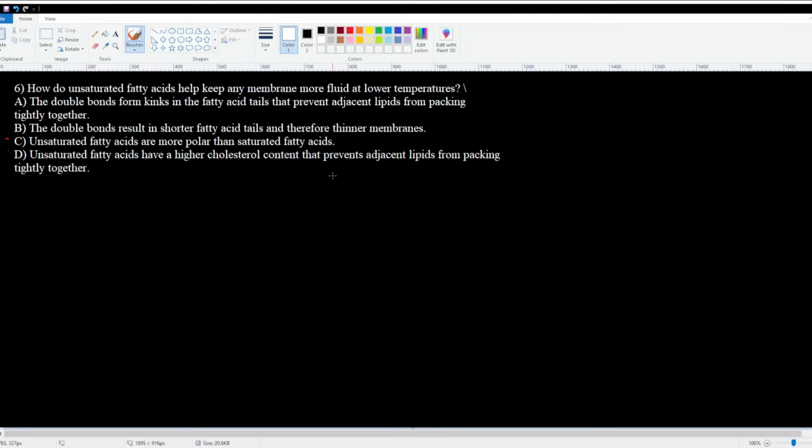So this question doesn't necessarily feel like it's meant to mislead you, but it's throwing a lot of vocabulary at you. This question is most easy to answer if you know what a fatty acid is. So let's draw a fatty acid.